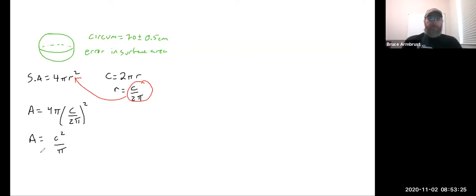So if I differentiate now, we get dA/dC. I differentiate with respect to C, so dA/dC is equal to 2C over pi. But if I'm just looking for dA, it's equal to 2C over pi times dC.